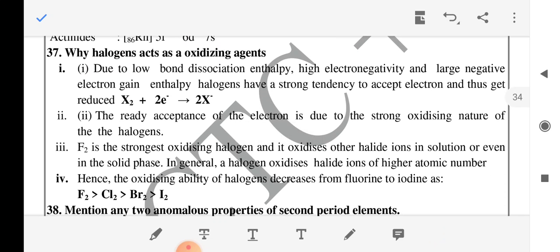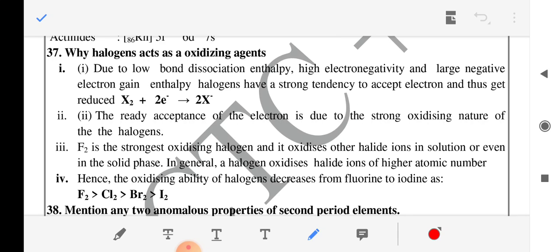The next question: why do halogens act as oxidizing agents? Due to low bond dissociation enthalpy, high electronegativity and a large negative electron gain enthalpy, halogens have a strong tendency to accept electrons and get reduced: X2 plus 2 electrons gives 2X minus. They readily accept electrons.